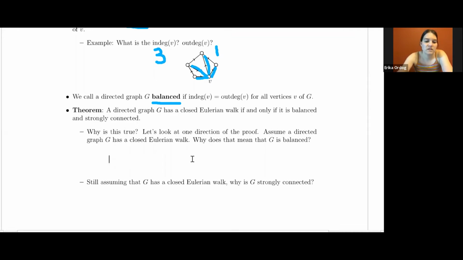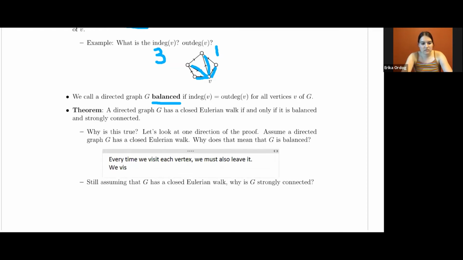So each time we enter a vertex, we also leave it. We follow an edge that goes towards V, and then we follow an edge that goes away from V, and that happens each time we visit the vertex. So every time we visit each vertex, we must also leave it.